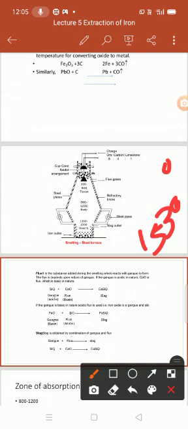The melting point of impure iron is lower, that is 1250 degrees Celsius to 1300 degrees Celsius, than that of pure iron.